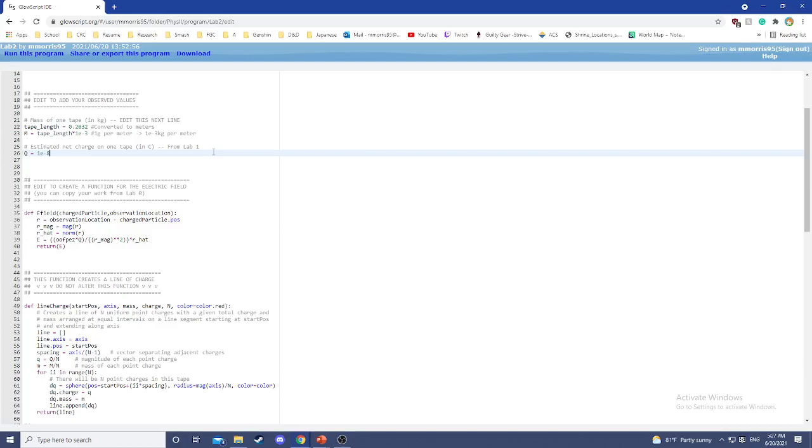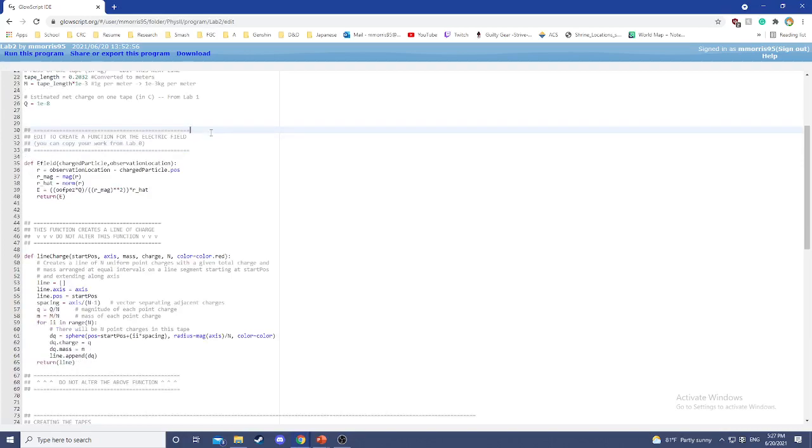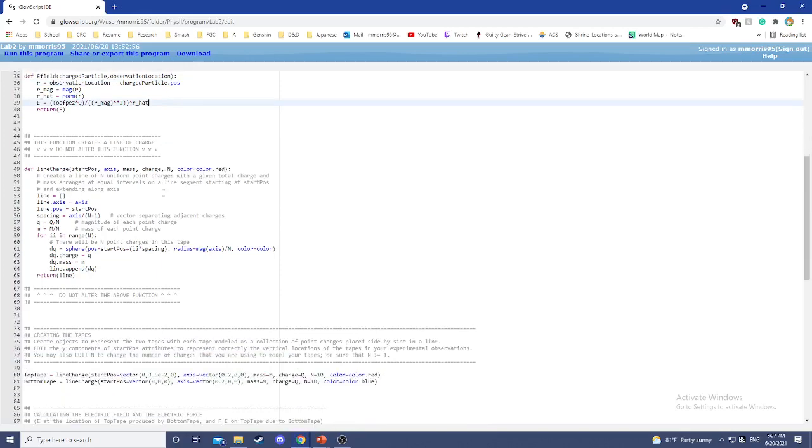Here we have the net charge of one tape, which we estimated initially to be the same value as in the first lab, which I had to reduce until I got this value, 1 times 10 to the negative 8, in order to make the magnitudes of the electric force and gravitational force be equal for the reason I discussed previously. Here we have the same function for the electric field I had previously, where it takes in the charged particle and the observation location, which I used to calculate R, and with all the other values known, we're able to calculate the electric field E.